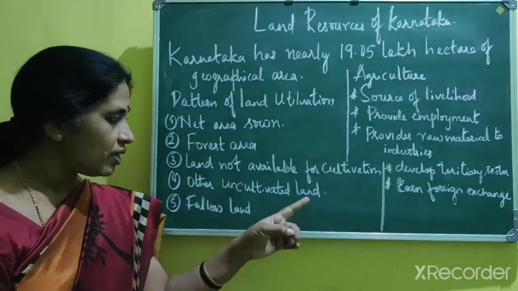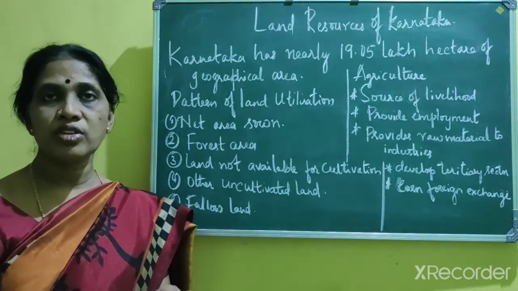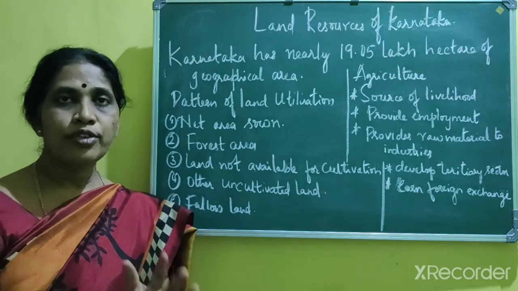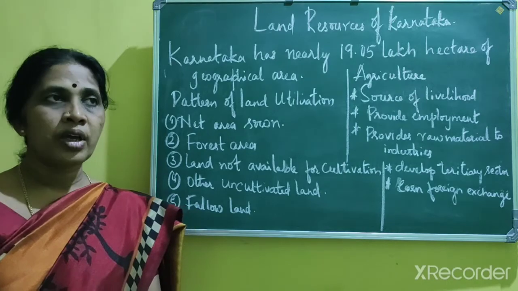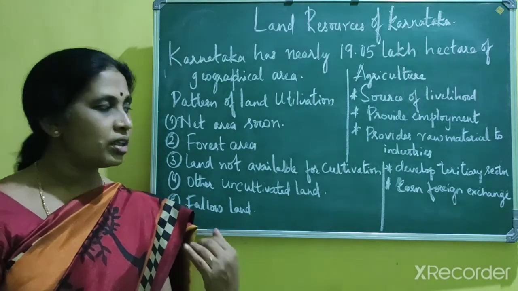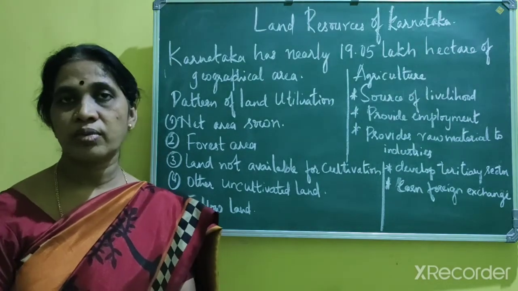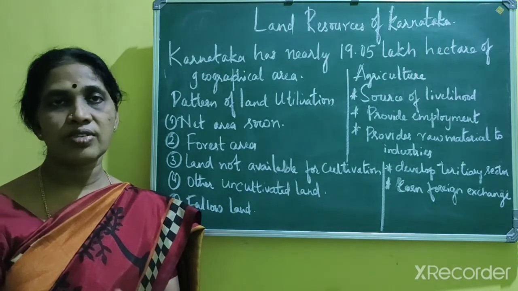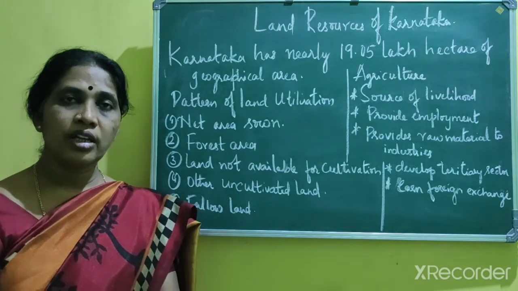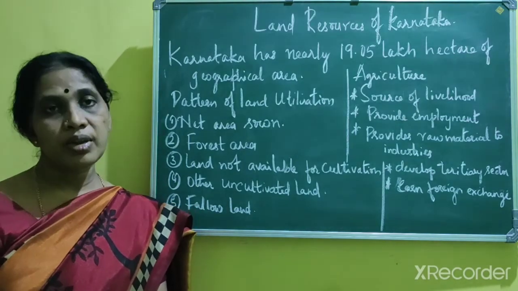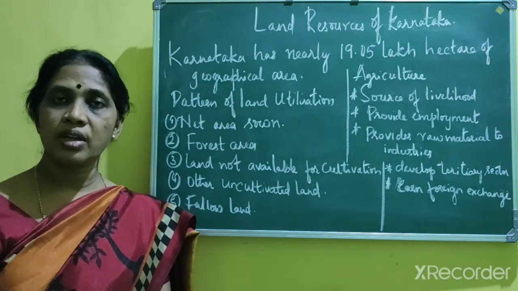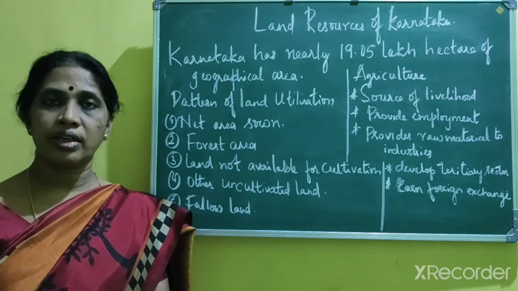Other uncultivated land means land left for grazing and for trees and groves, basically found in Shivamogga, Chikmagaluru and Chitradurga because of dense forest, and it can be reclaimed and used for agriculture.